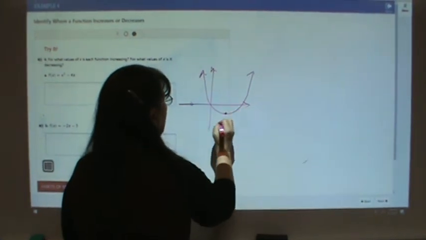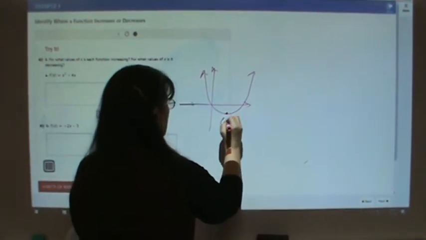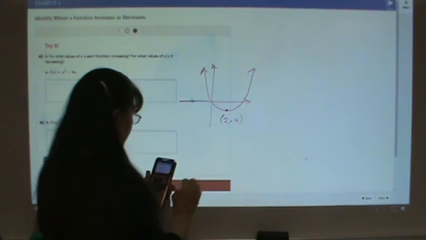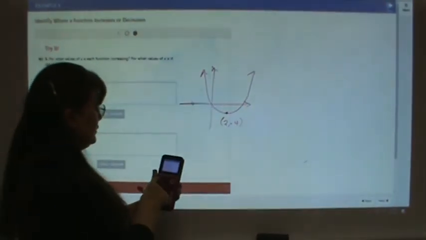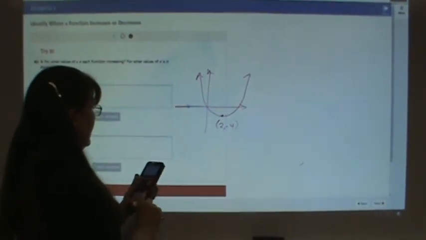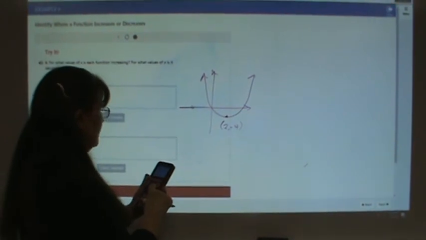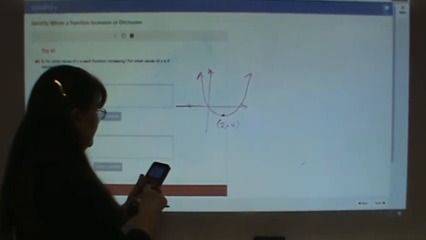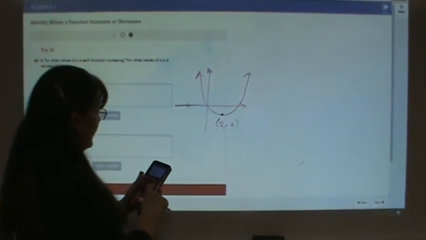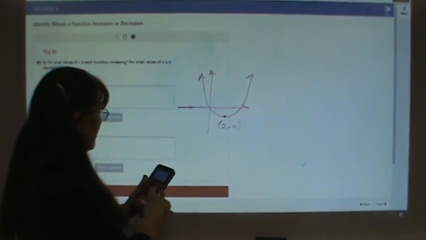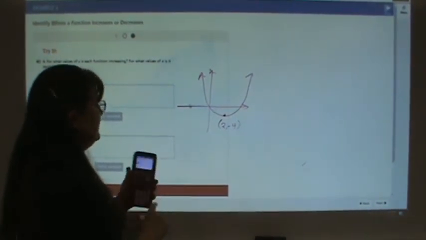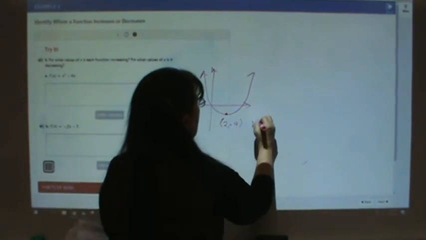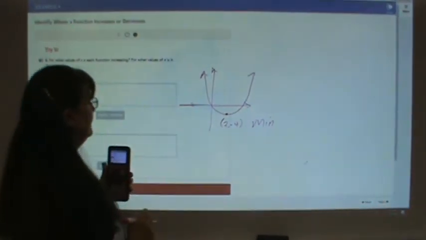So this part right here is at 2, negative 4. Now, what you can do is go to your table, second graph, and if you go down to 1, it's negative 3, at 2 it's negative 4, and then at 3 it goes back up. So 2, negative 4 is the minimum value of that.